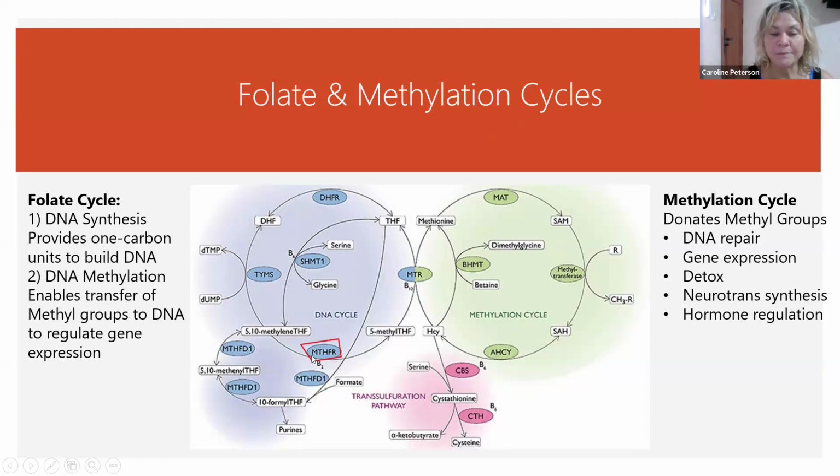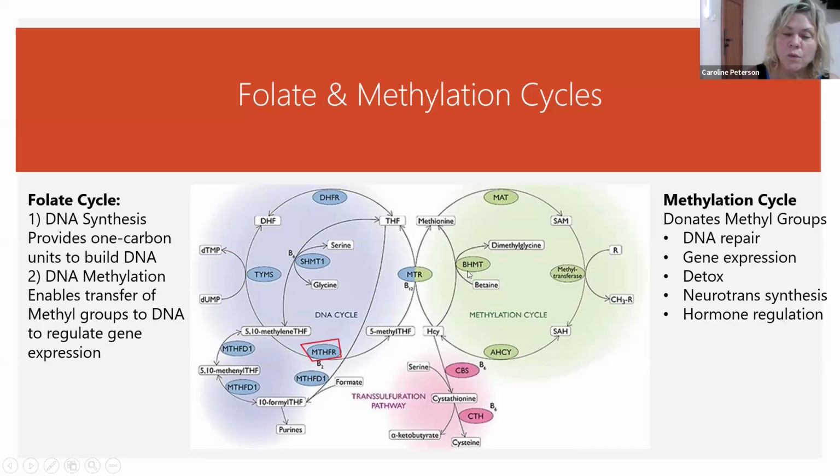And you can see the MTHFR gene is right here at the very bottom. And so what it's supposed to do is come up right here to MTR and contribute a methyl group so that you can get methionine. And so that is methylating, right?